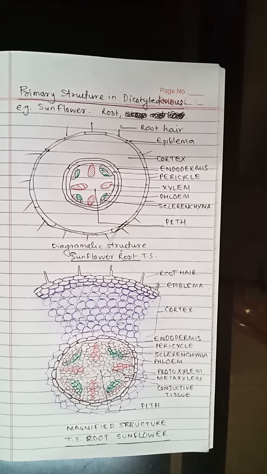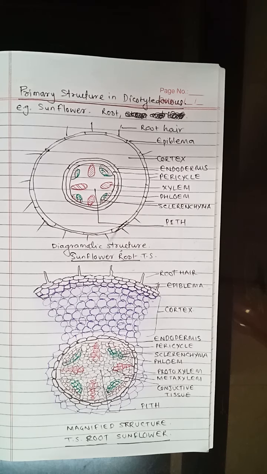Therefore, it is called tetrarch condition. The two types of bundles, xylem and phloem, alternate with each other and are arranged in a ring, and they are present on different radii.